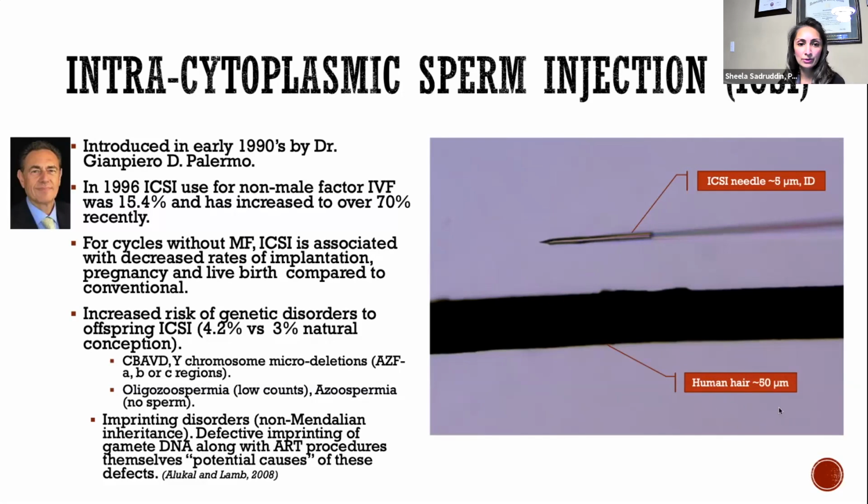So it just goes to show you the size and appreciation of the fine ICSI needle. And of course, we have it that size because we want to present the minimal amount of stress on the single cell, which is the oocyte, to minimize any damage or degeneration while we're performing the ICSI procedure. Next slide.